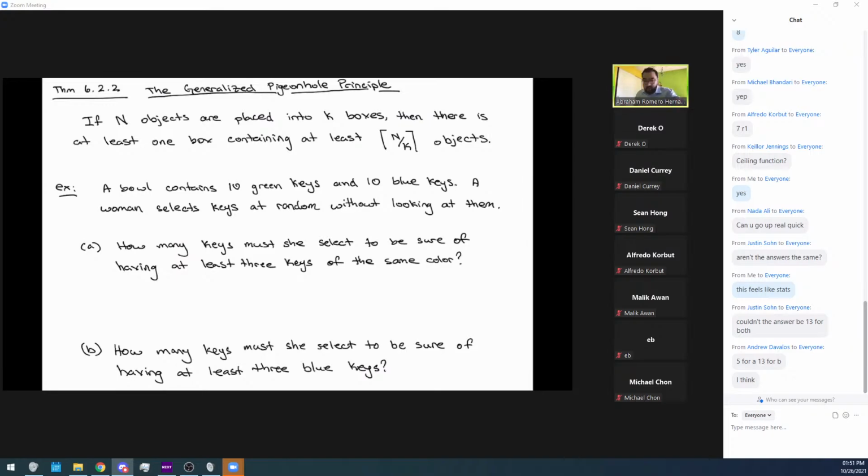So how many keys must you select to be sure of having at least 3 keys of the same color? Well, if we count the objects as keys, and then how many keys must you select to be sure of having at least 3 of the same color?